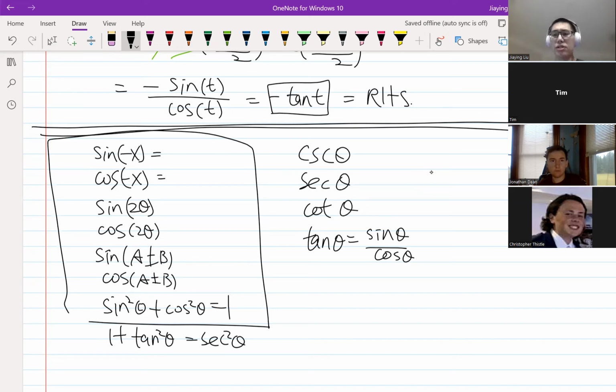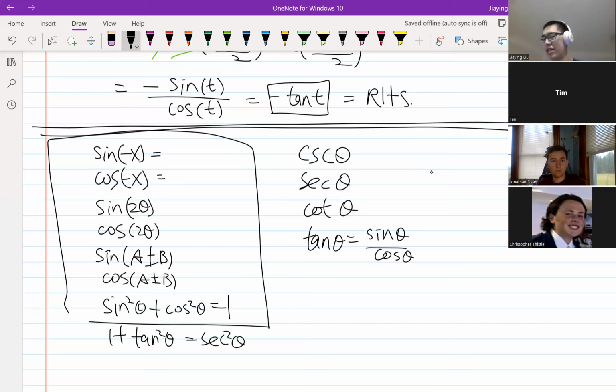And for other formulas, it's okay if you don't memorize them, because there are a lot of formulas like the half angle formula and the reduction formula. I personally don't think there's any need to memorize those. Suppose you have a problem like this on the exam.